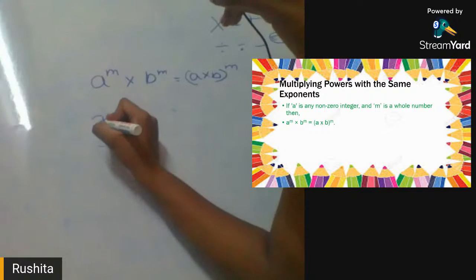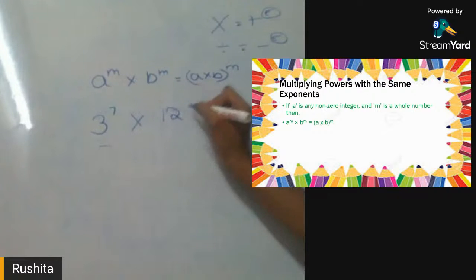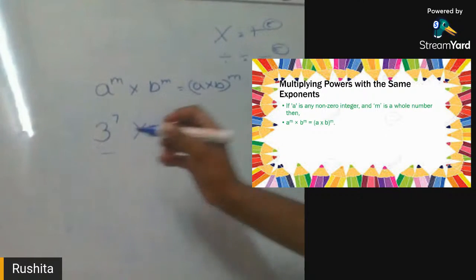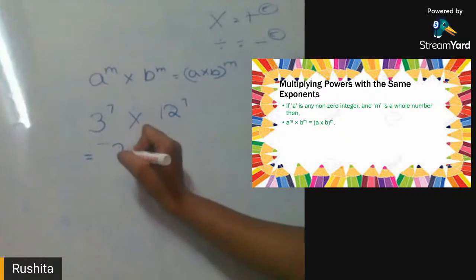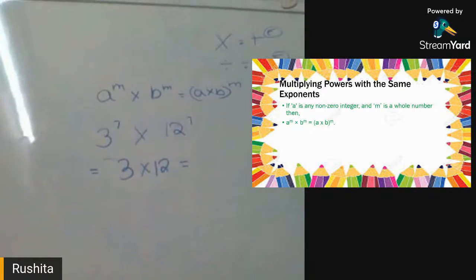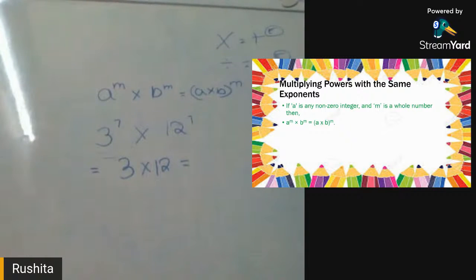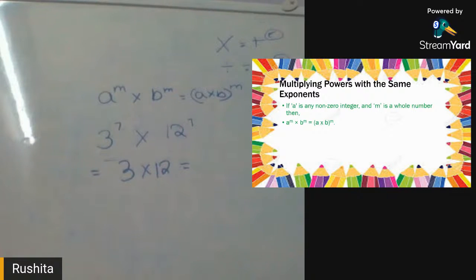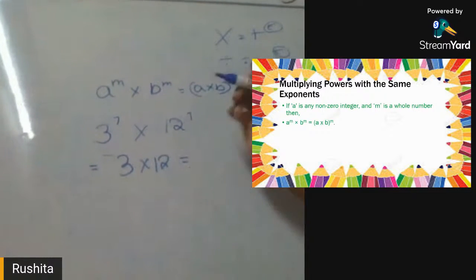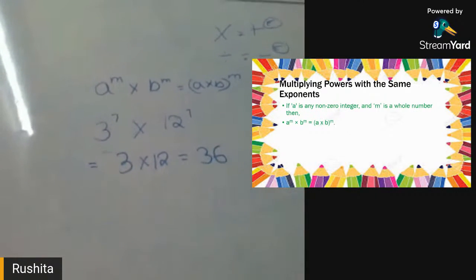Let's take it as 3 to the power of 7 into 12 to the power of 7, which will be equal to 3 into 12, which is equal to 36. So now we have to write the formula. 12 to the power of 3 is 12 into 3, equal to 36.